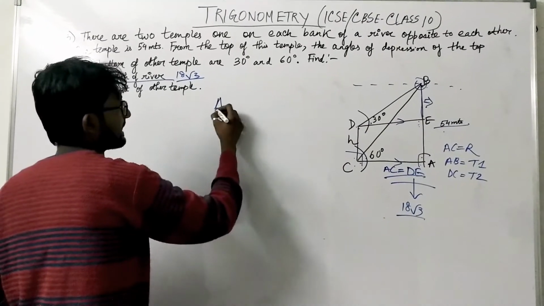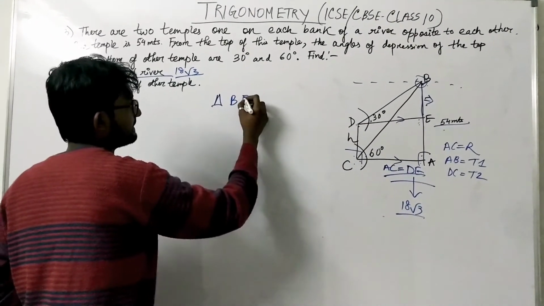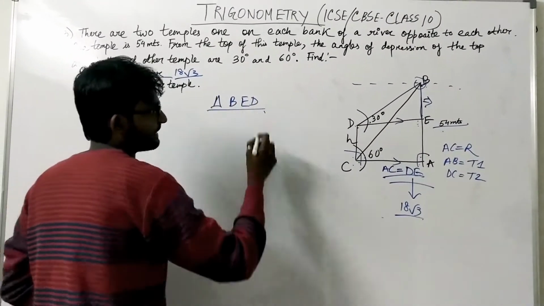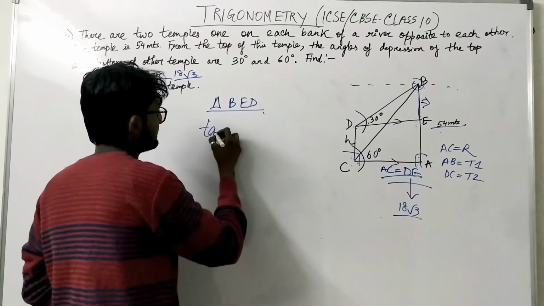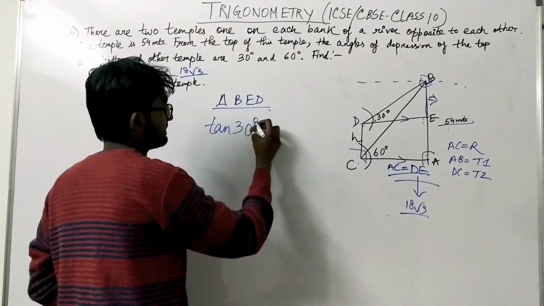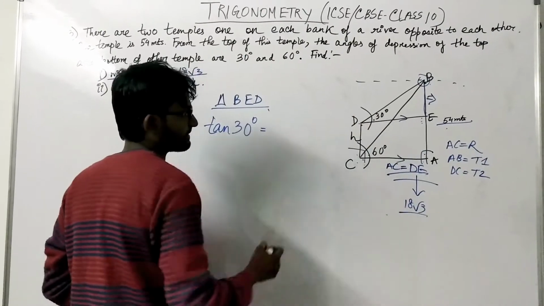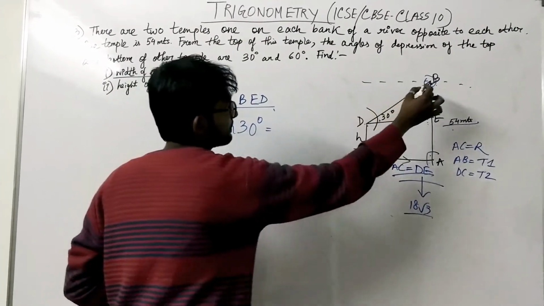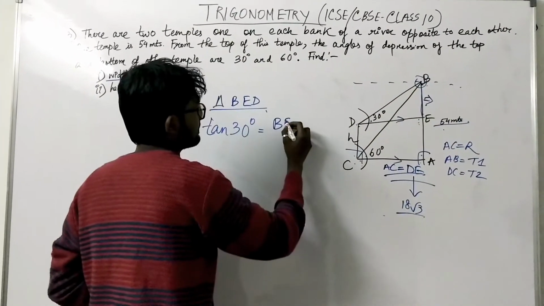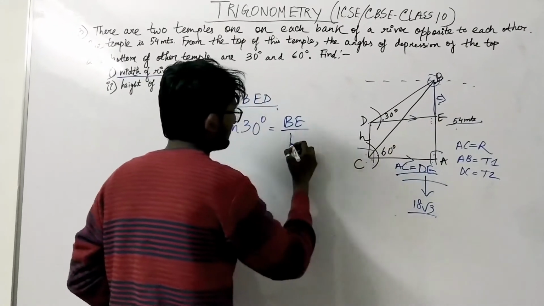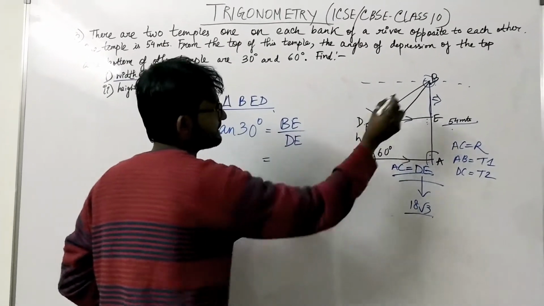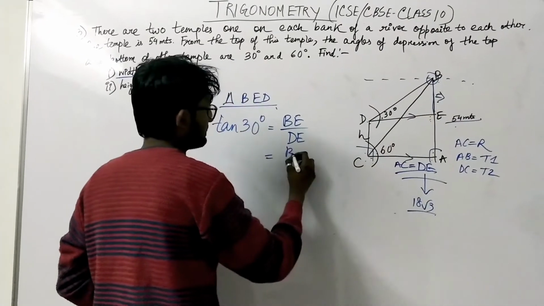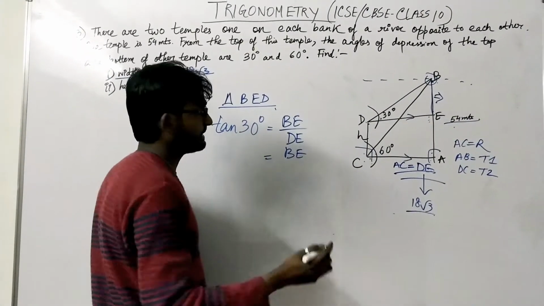So again in triangle BED, now again tan 30, the theta is 30 over here, is equal to perpendicular, that is BE, by DE, base. So BE will remain, because we don't know what BE is.